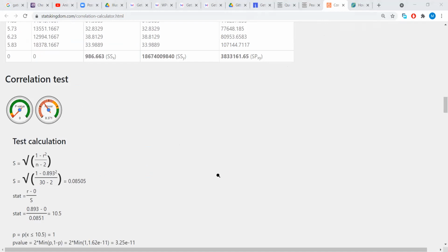Because B1 represents the gradient, while the correlation coefficient represents the relationship between X and Y. Let's say if the correlation coefficient is close to 1, that means when X gets high, Y also gets high with the same value.